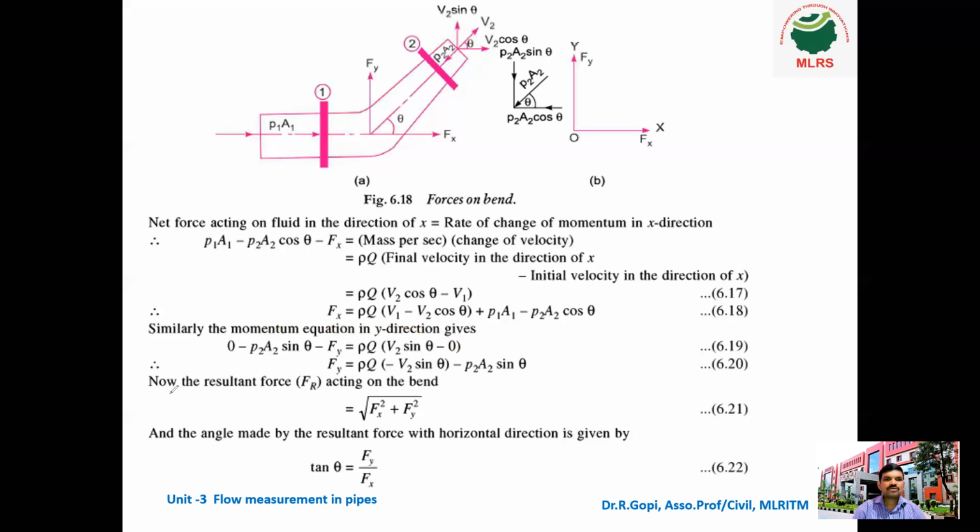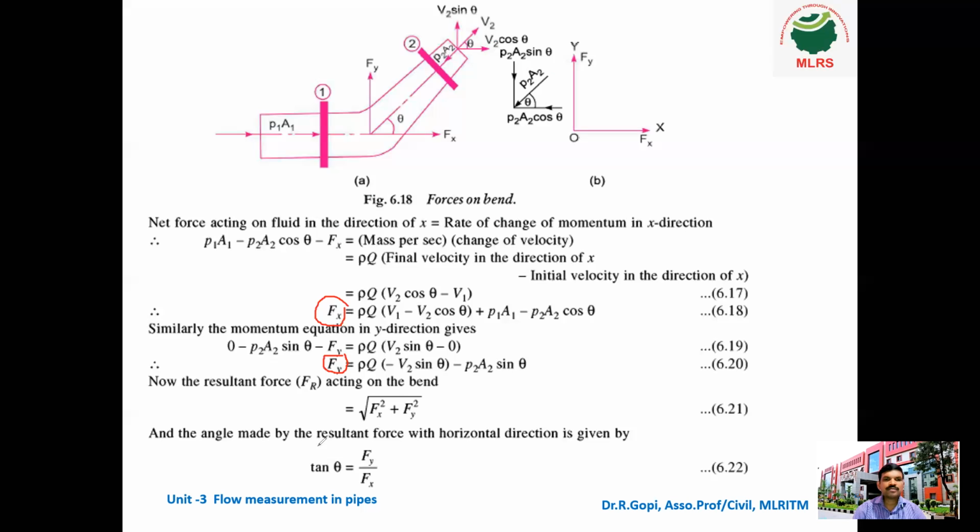Now the resultant force Fr. Here we calculated two forces, in the x direction as well as the y direction. Now the resultant force acting on the bend is root of Fx square plus Fy square. This is the resultant force acting on that bend.